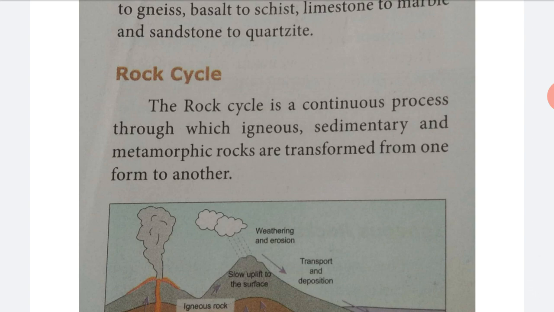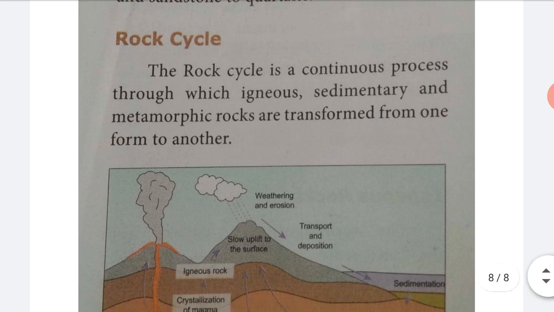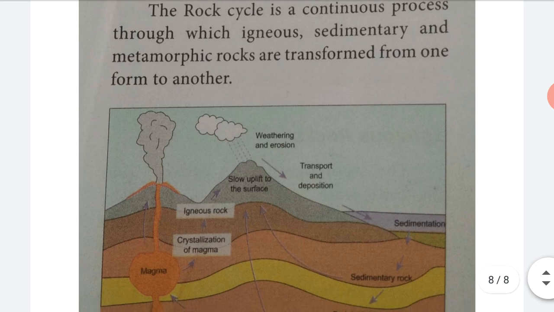Igneous rocks transform to sedimentary rocks. Sedimentary rocks transform to metamorphic rocks. Metamorphic rocks melt and turn into magma, which crystallizes and forms igneous rock. After that, igneous rocks are converted into sedimentary rocks.